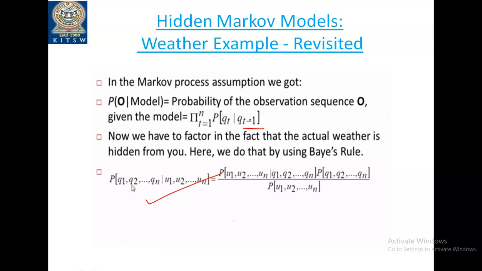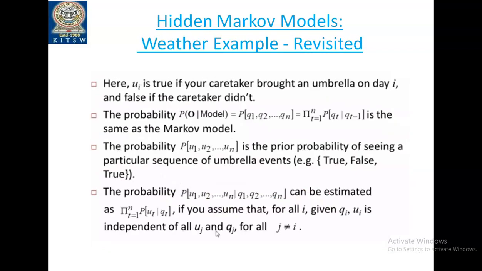So the probability of q1, q2, qn for a given u1, u2 can be represented with the Bayes rule like this: probability of u1, u2 for a given q1, q2 times probability of q2, divided by probability of umbrellas. Here u is true if your caretaker brought an umbrella on a particular day, and false if the caretaker didn't bring one. So the probability of observation for a given model should be like this. It's the same as the Markov model only.